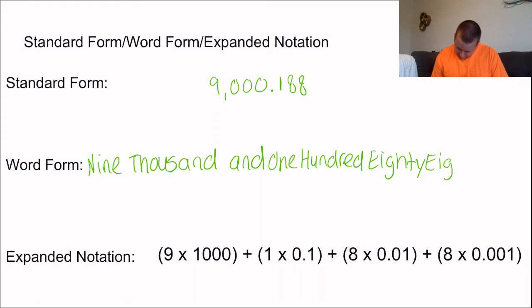And it's in the thousandths place again. I'm kind of running out of space, so I'm going to write this right underneath it. Thousandths. So word form would be 9,000 and 188 thousandths.